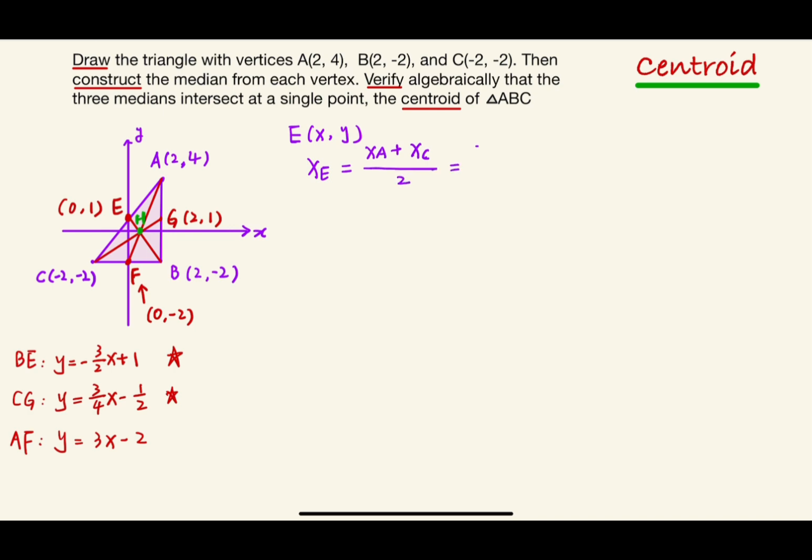Then we can figure out 2 plus negative 2 over 2. It should be 0 over 2, equal to 0.